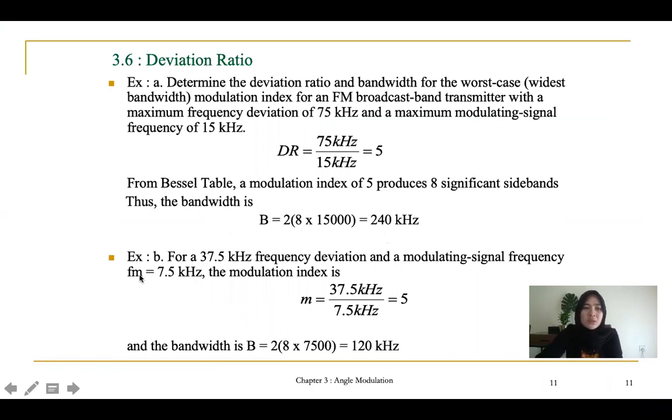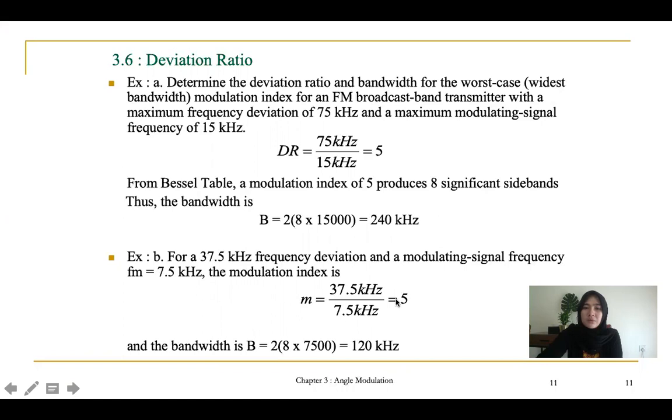Now let's look at example B. For a 37.5 kilohertz frequency deviation and a modulating signal frequency Fm equals 7.5 kilohertz, the modulation index is M equals frequency deviation divided by Fm, so you will get M equals 5.